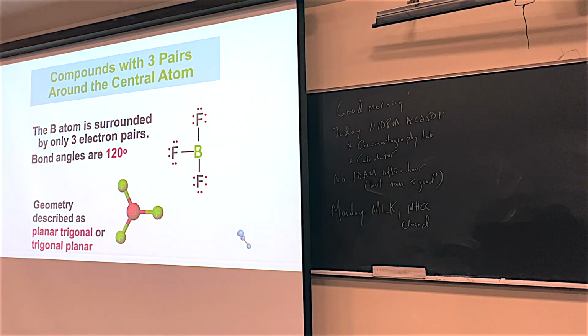Those are all big electrons, and they want to get as far apart from each other as they can. So when I brought the three of you down earlier, you all kind of got into this configuration. This is the trigonal planar or planar trigonal geometry, and that's what happens when you have 3 clouds around the central one. You can abbreviate this trig plane if you want, that's totally fine.